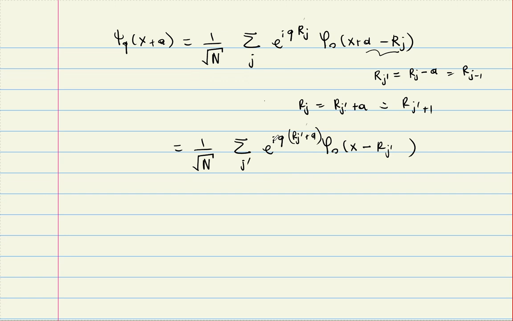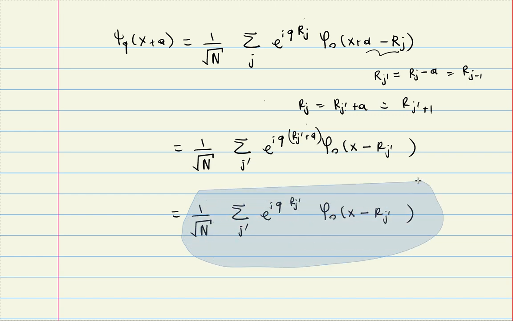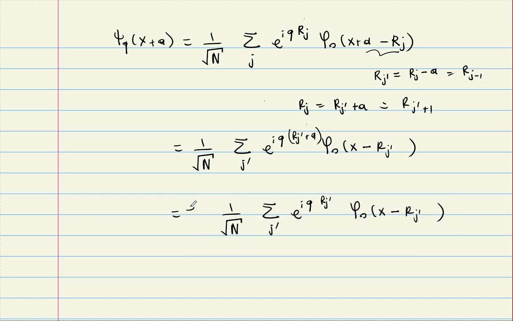And now I'll take this e to the i k outside. Let me write it one more time. This thing, erase from here and put it in front: e to the i q a.